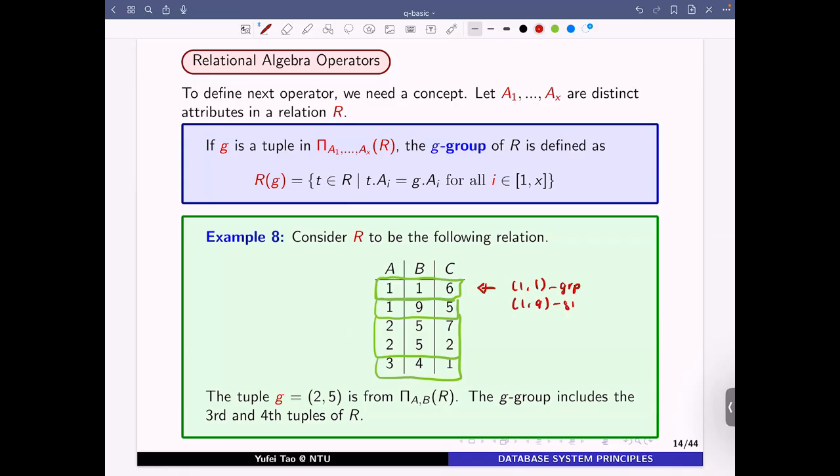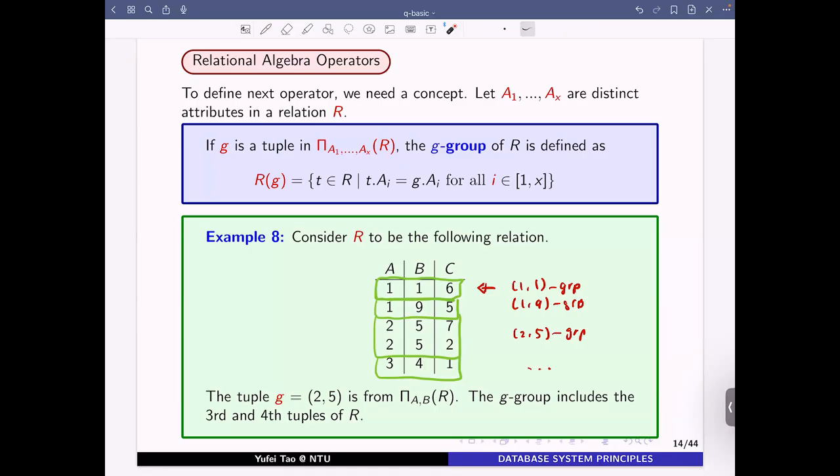You get the idea. And here this will be a 2-5 group, and so on. So we have 4 groups here. This should give you the main ideas behind this example.